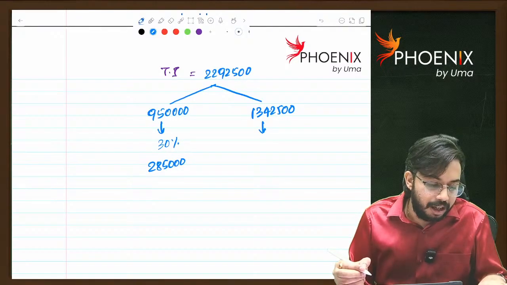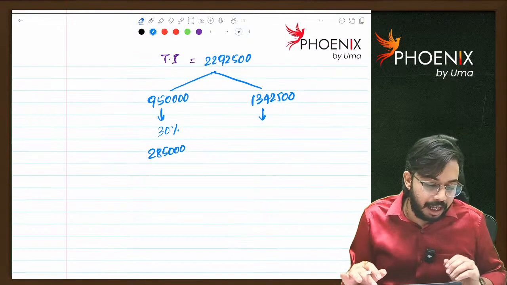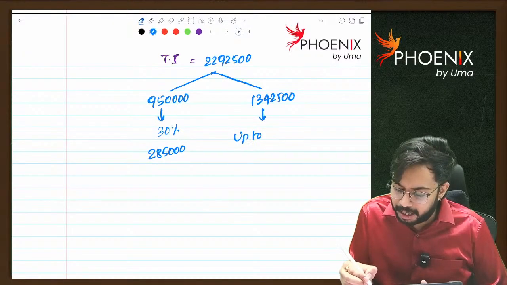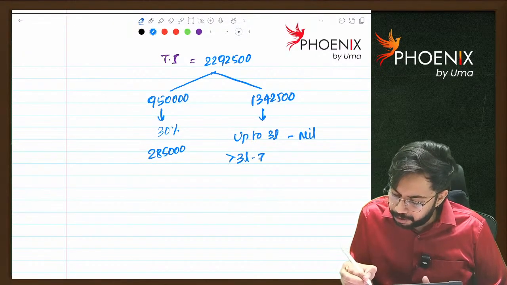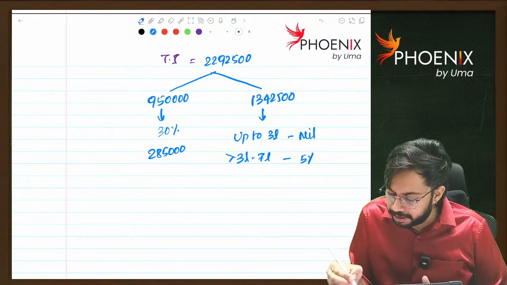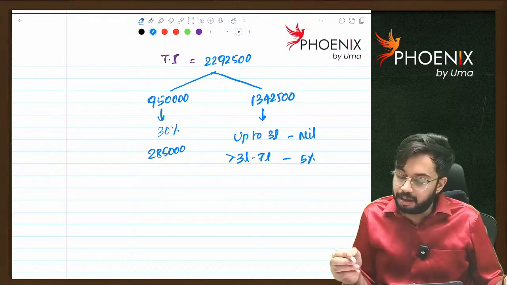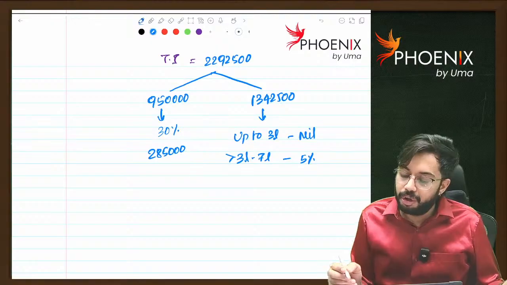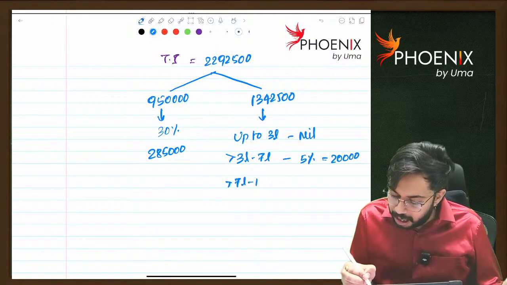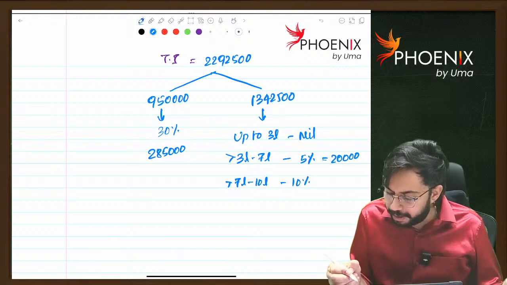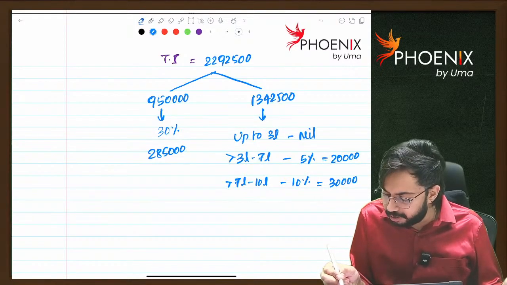If he follows 115BAC, then tax rates: up to 3 lakh there is no tax. Greater than 3 lakh up to 7 lakh tax rate is 5%, tax amount is 20,000. Greater than 7 lakh up to 10 lakh tax rate is 10%, tax amount is 30,000.